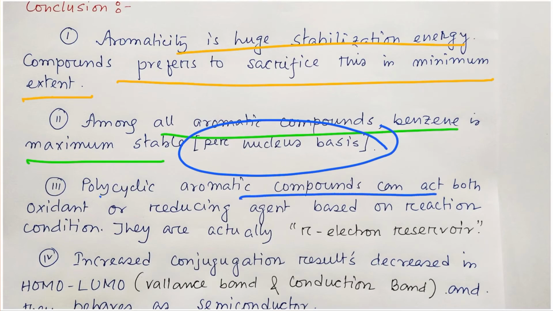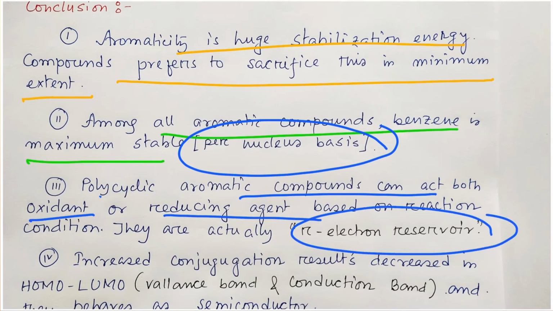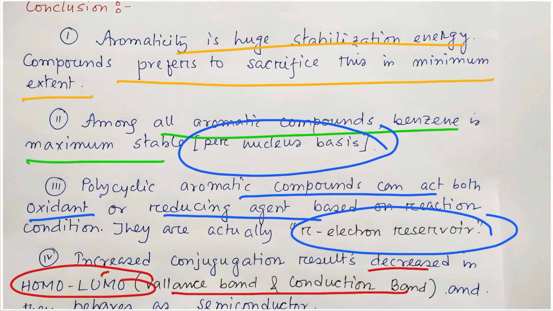Polynuclear aromatic compounds can act as both oxidizing and reducing agents, as electron reservoirs. Another thing we explained is that increase in conjugation results in a decreasing HOMO-LUMO gap, better to say valence band-conduction band gap, and they become semiconductors, and in some cases conductors. For example, graphene can act as a conductor, but molecules smaller than graphene can act as semiconductor molecules.